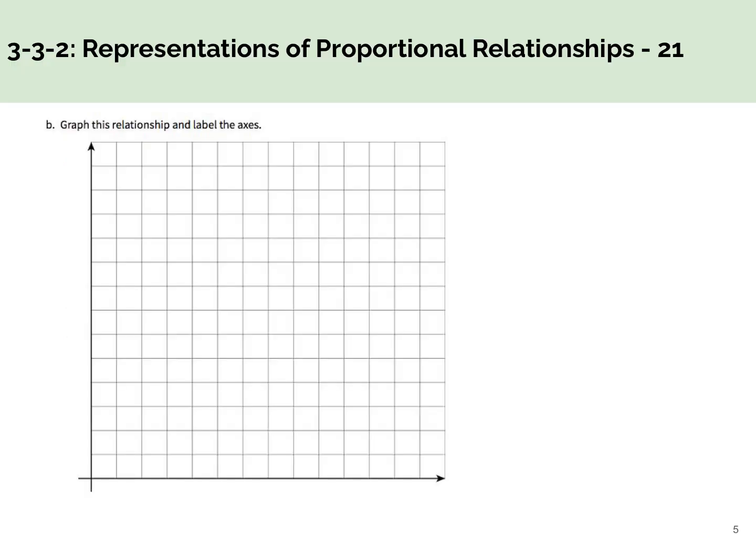So what we want to do, also on page 21, we have this graph. We want to take this situation and graph it on this graph that we have on page 21. Remember, we're going to follow TAILS, right? T is title, so we need to come up with a title for this situation. So who are we talking about? We're talking about Jada and Noah, and we're talking about their steps.